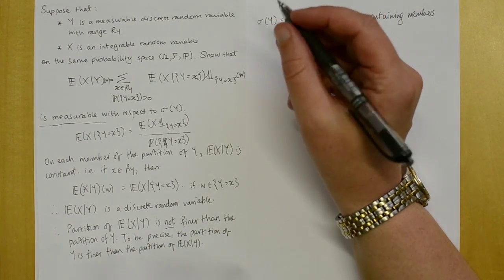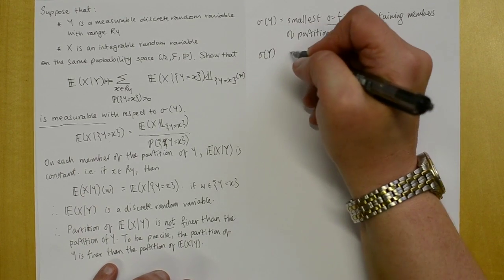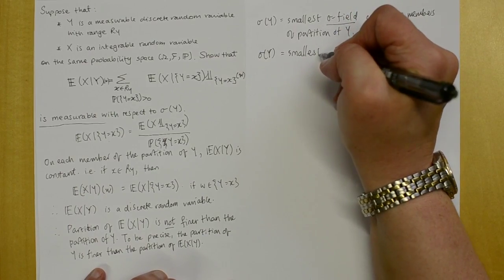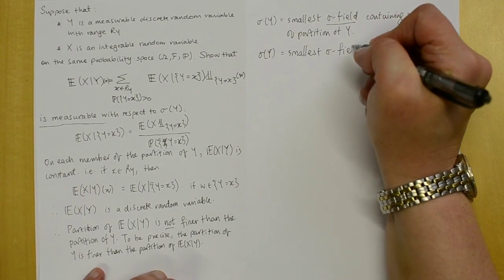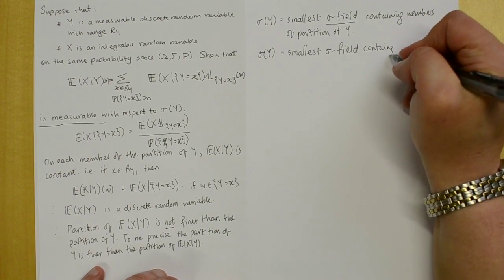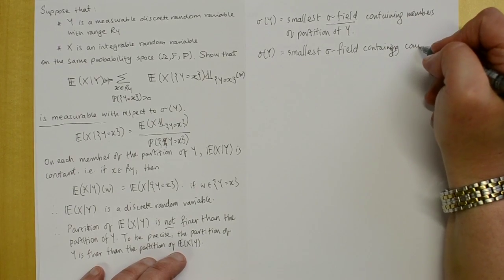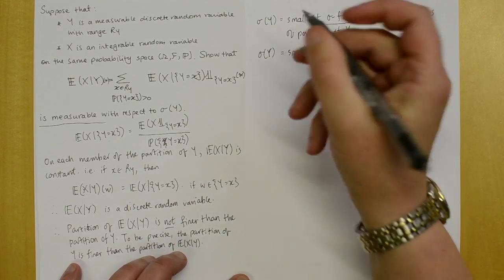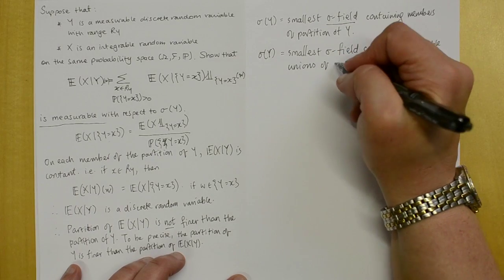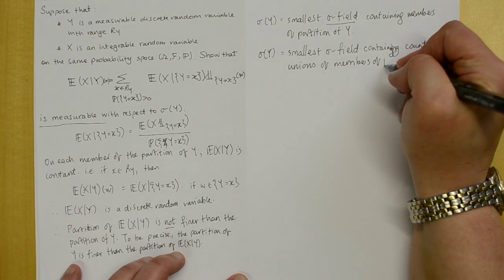So, in other words, sigma y is the smallest sigma field containing countable unions of members of the partition of y.